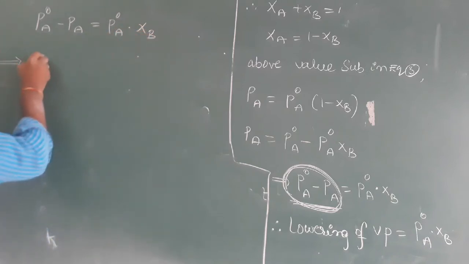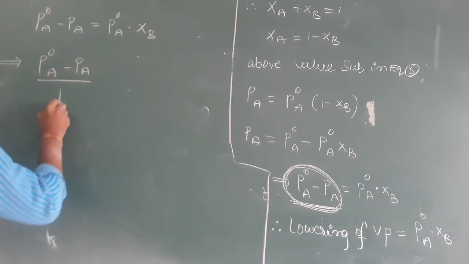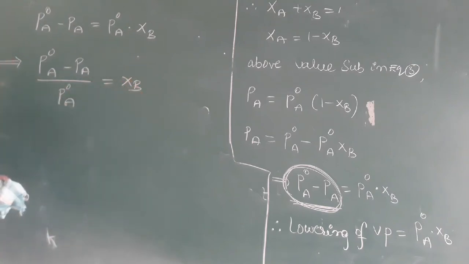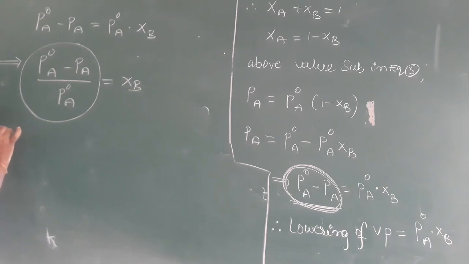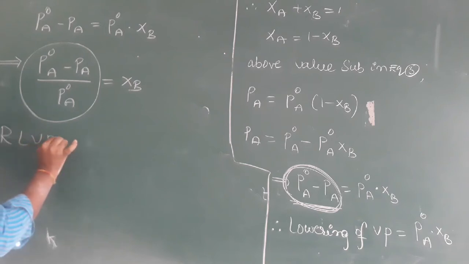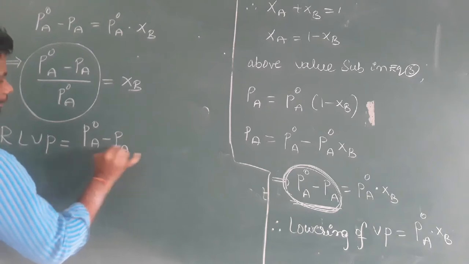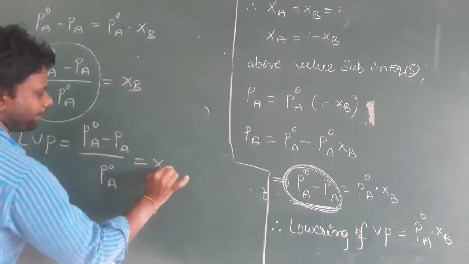Now P naught A minus PA by P naught A is equal to XB. So this is nothing but relative lowering of vapor pressure, denoted by the short form RLVP, is equal to P naught A minus PA by P naught A is equal to XB.